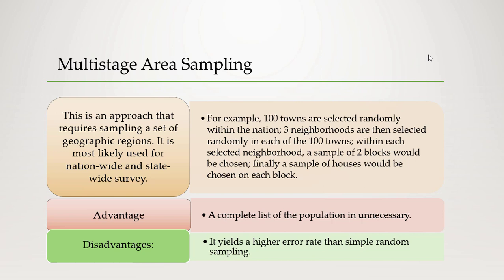Within each state, 3 randomly selected counties. Within each county, 10 randomly selected neighborhoods. And within each neighborhood, 5 randomly selected households. The stages are state, county, neighborhood, and household, and randomization takes place at each stage.